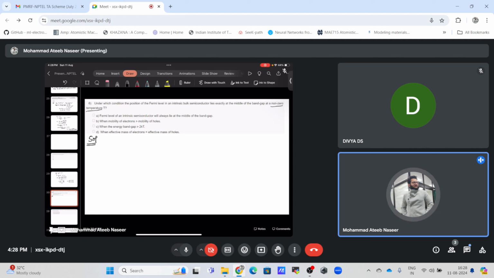If we now try to solve for this, we have to say that the intrinsic carrier concentration is simply given by Ni equals root of Nc times Nv, exponential of minus Eg by 2kT, where Eg is the band gap.